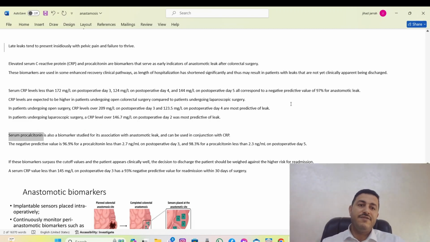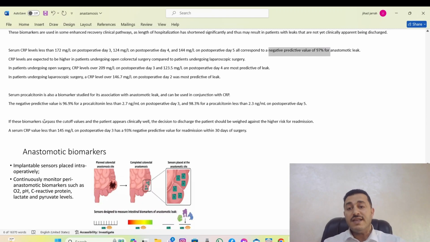So if they are less than a certain value, we can ensure that our patient will not suffer from leak. I don't want you to remember the numbers, but the CRP should be measured dynamically on different days, on day 3, day 4, and day 5. If it is less than certain values, we have a negative predictive value that reaches 97.